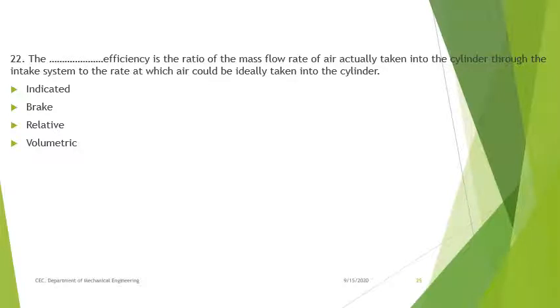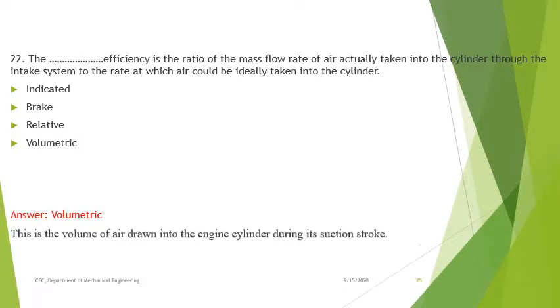The correct answer for this one is volumetric efficiency. This is the volume of air drawn into the engine cylinder during its suction stroke. That means while the piston travels from TDC to BDC, how much air is drawn into the engine cylinder, that is termed as volumetric efficiency.